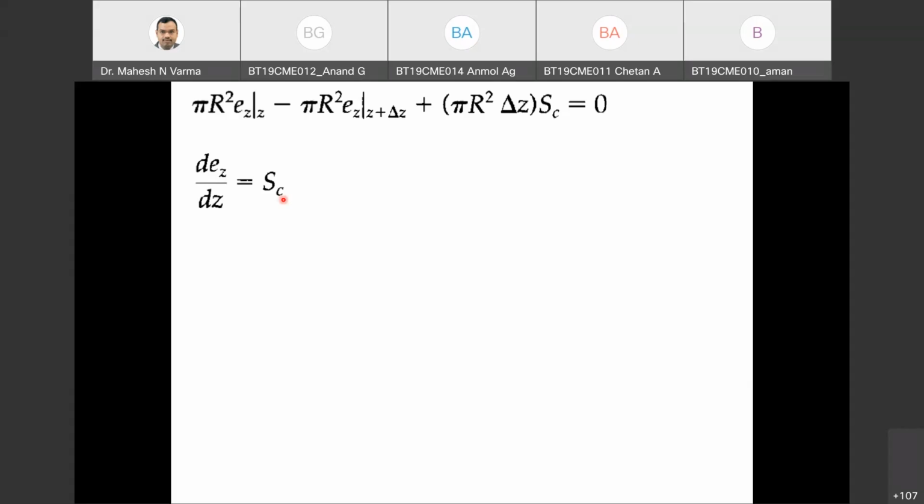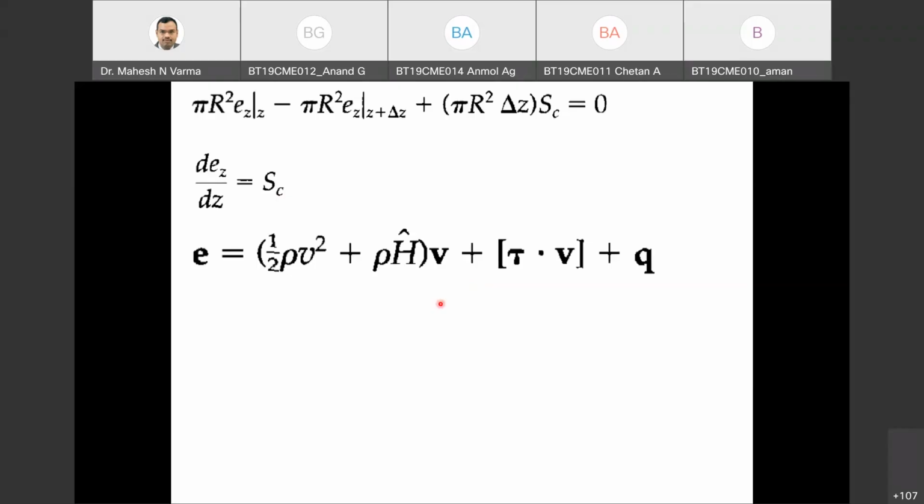Now we can solve further, substituting this E. E will be equal to half rho V square, rho into H into V, plus this is a molecular flux because of viscous forces dot velocity, plus Q. Moreover, this rho into H, d by dz, substituting this in this equation, this will be the equation for zone number 2.